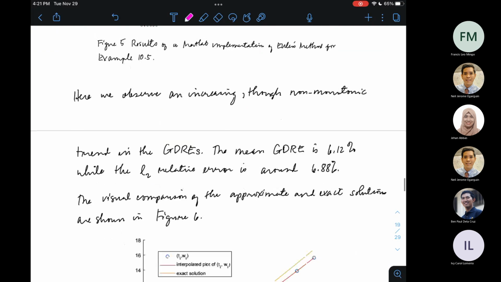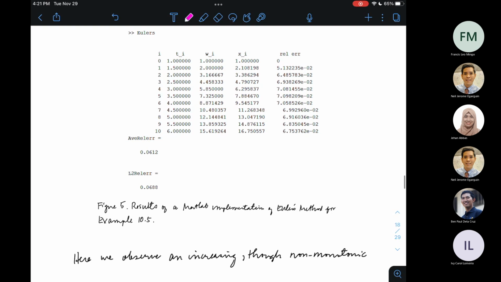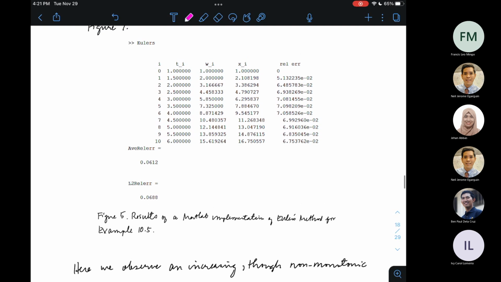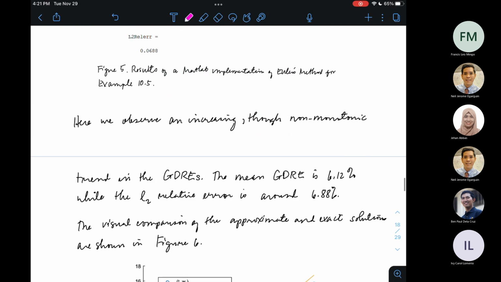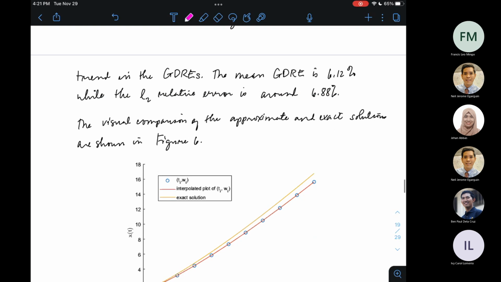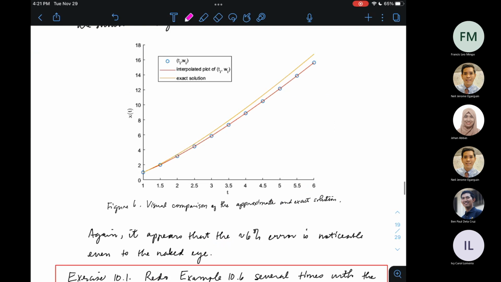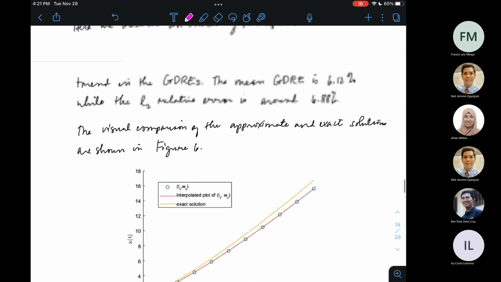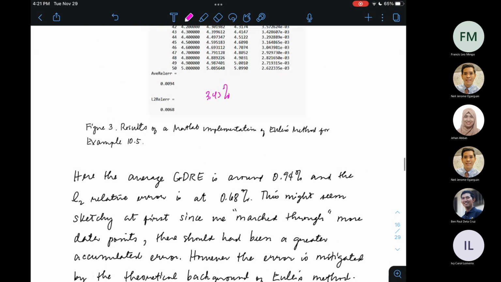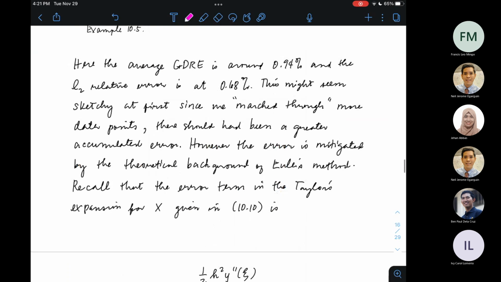So we see here, oh, hold on. So how do you define yung GDE? Okay. So I'll skip the next example. I'll just introduce the GDE here.